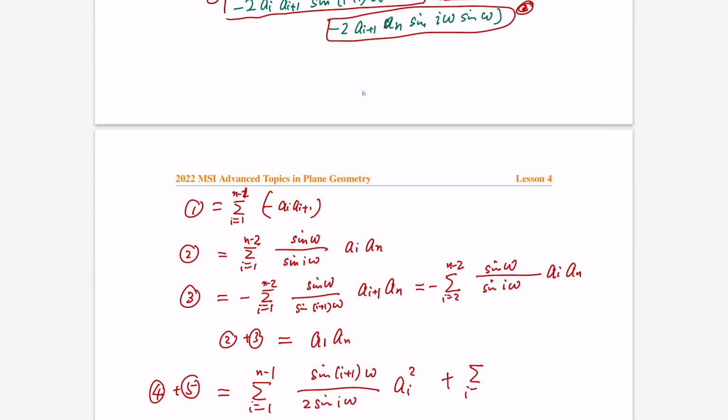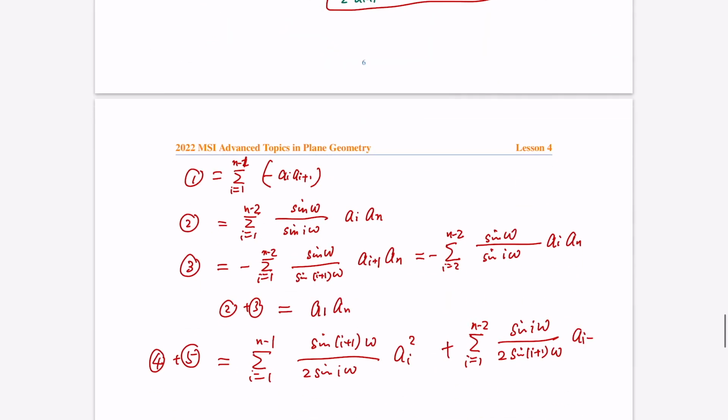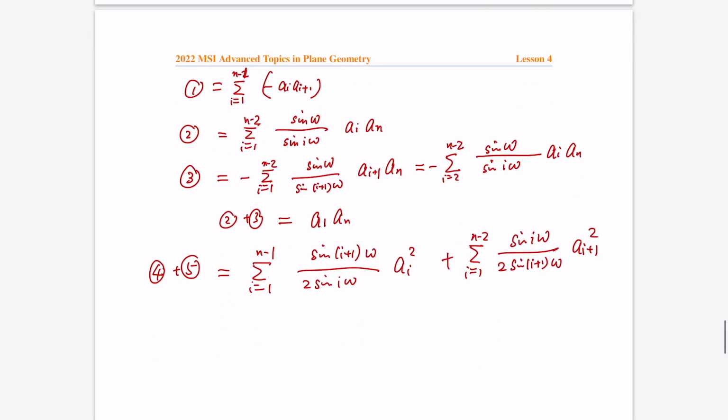So that's for the number 4. And number 5 is the opposite. Sine I omega on top, sine I plus 1 omega on bottom, but then you have AI plus 1 squared. Okay, very good. And so this time you need to shift the sigma notation. But what you really want to shift is according to this term. This is I plus 1. You want to make it AI so that you can cancel with the AI before. So let's do it.